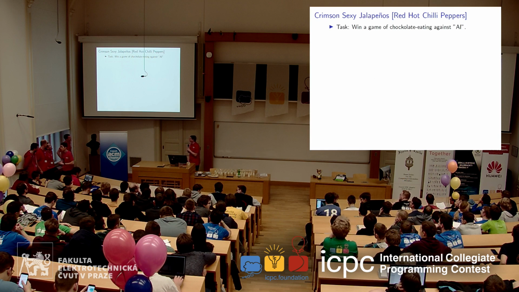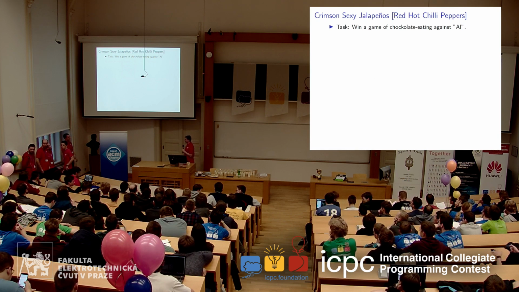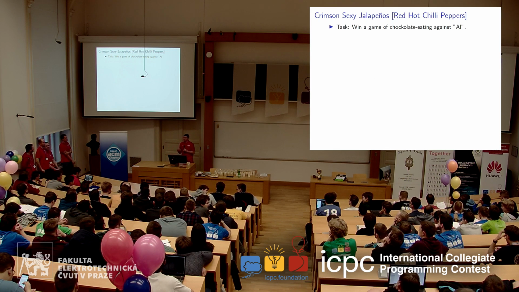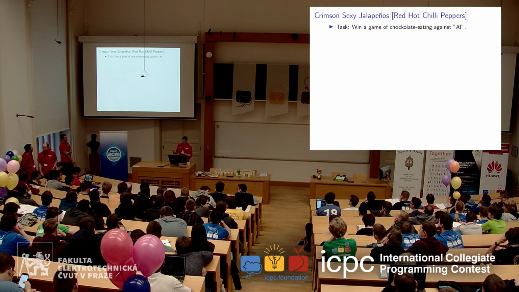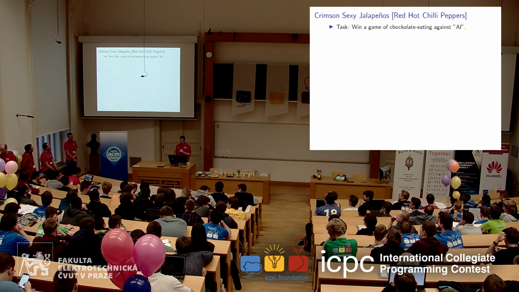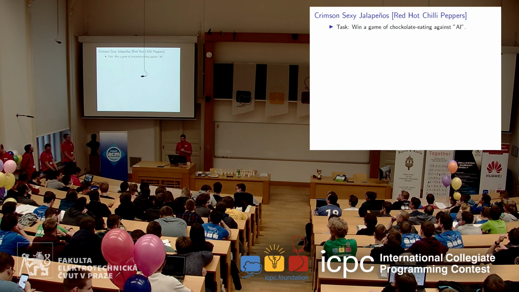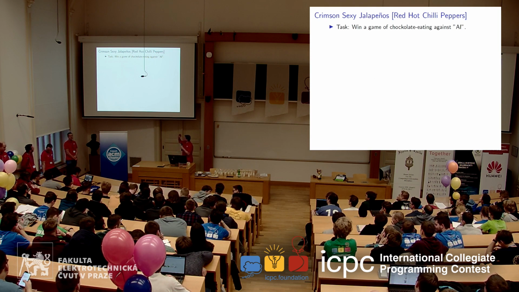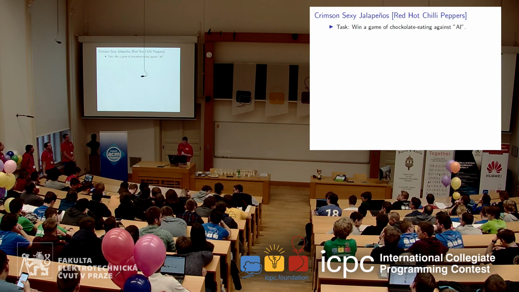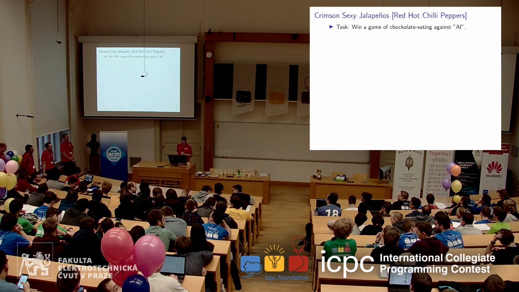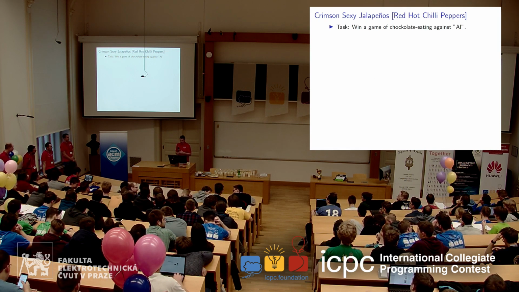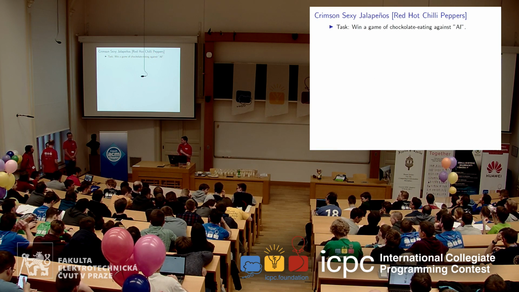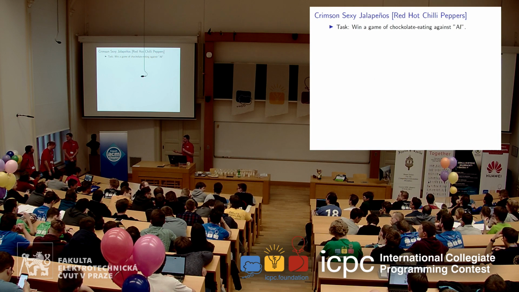Okay, so basically we had another game in which we had a chocolate, and a move was to crack the chocolate somewhere and eat one half of it, which we have chosen, and some of the coordinates on the chocolate were, I think, poisoned, and we had to compete against some AI.